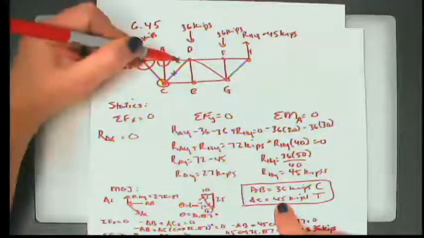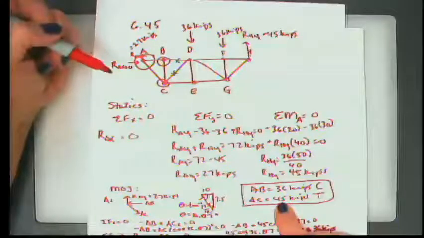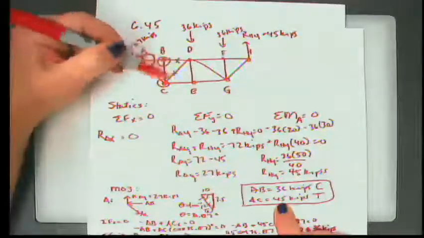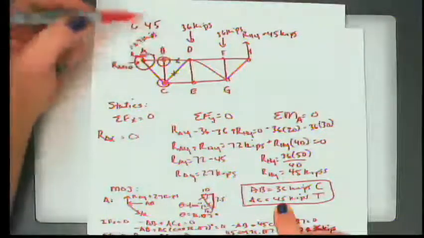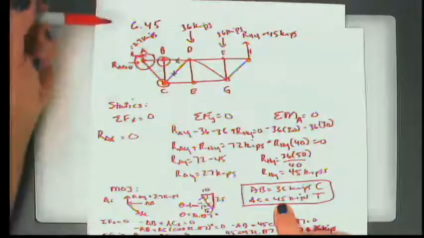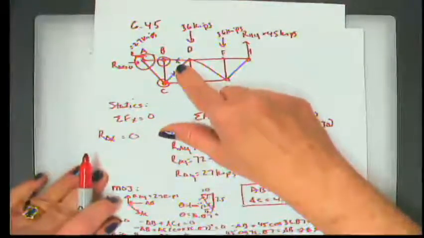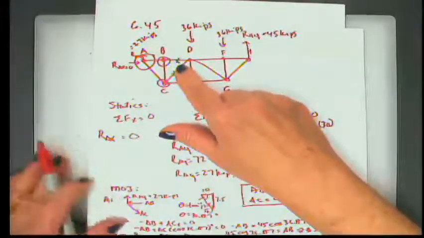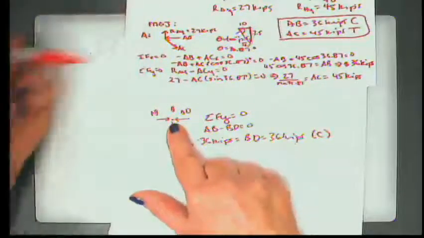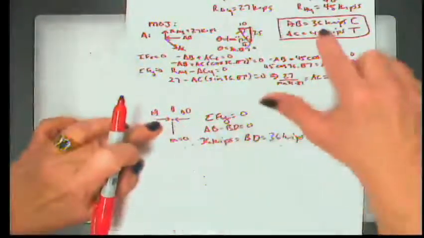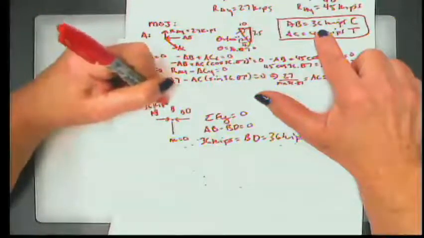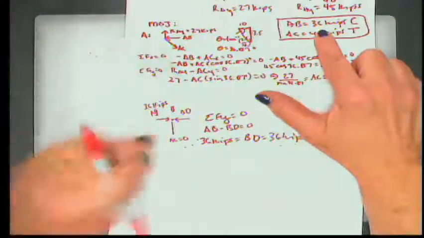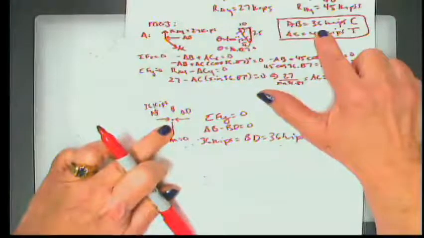What I want to do next is to move over and look at member BD, which is what was asked in the problem, and CD. In order to get the force in BD, I'm going to look at joint B. We know that AB is 36 kips in compression, meaning that it's pushing on the joint.